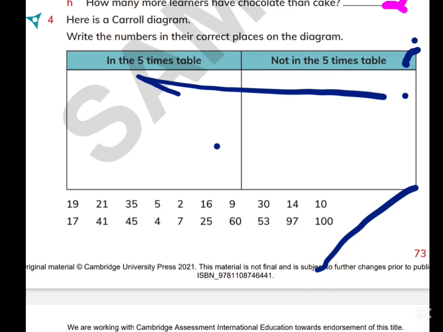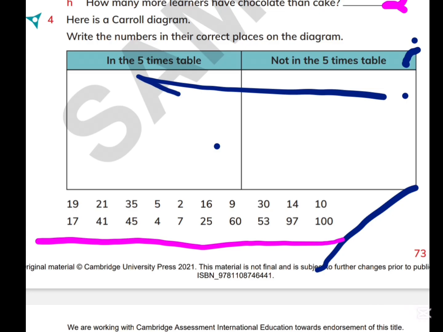Write the numbers in their correct places, in the 5 times table, not in the 5 times table.